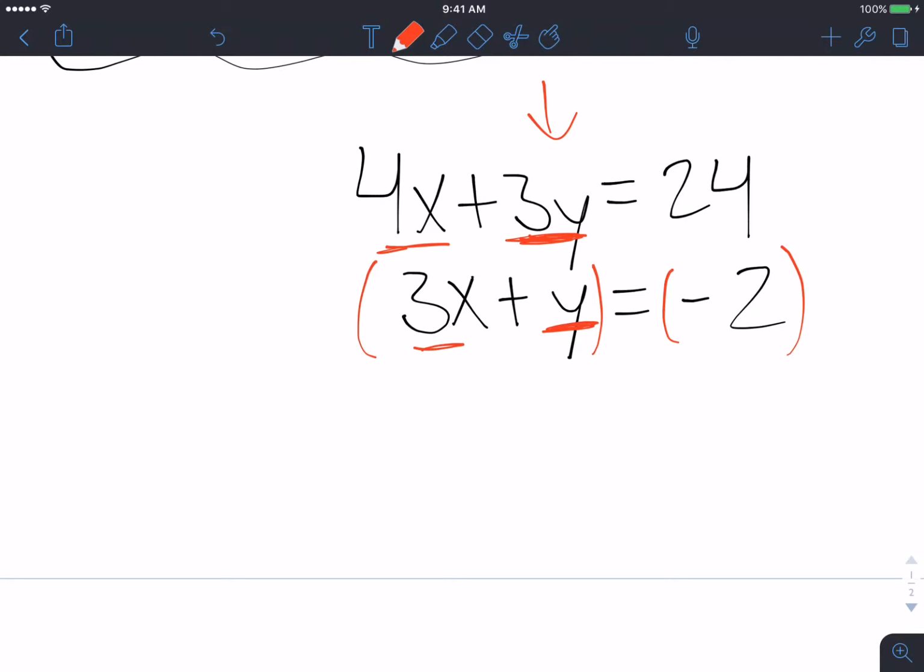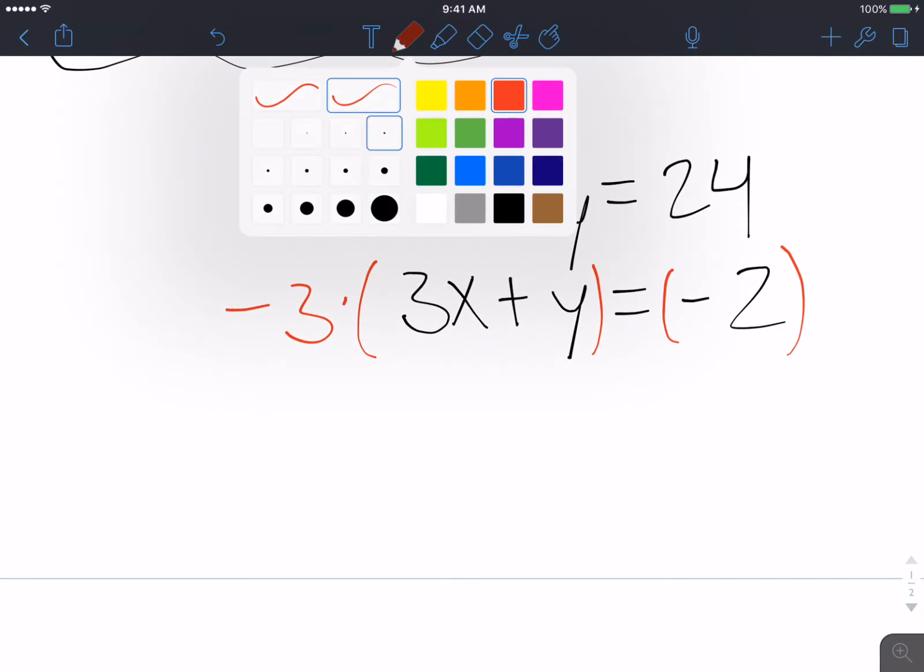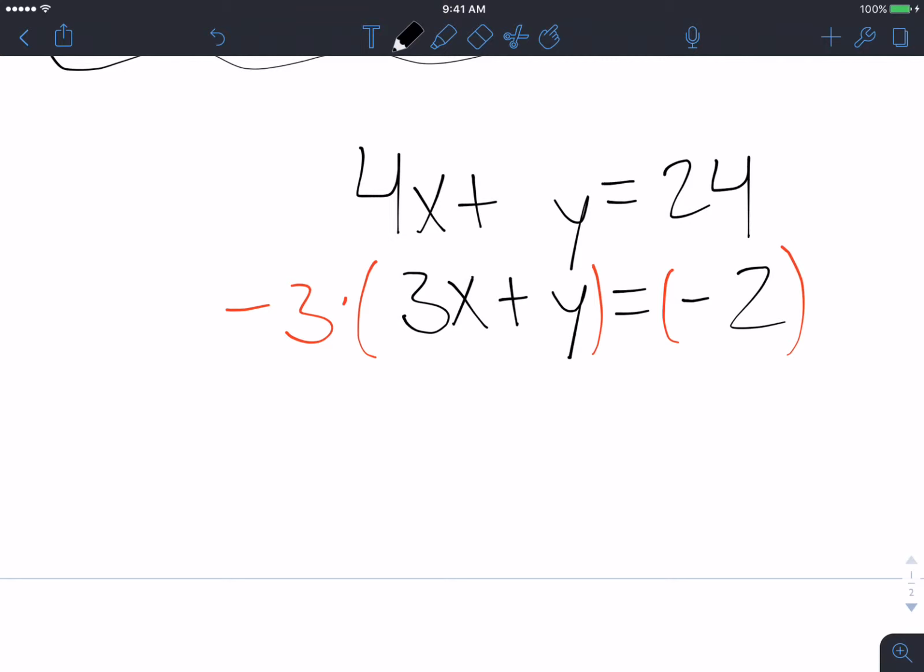And that was a question I got a lot of, how do you know what number to pick? That depends on what you're trying to cancel. And in this case, we're trying to cancel this one here. So I'm going to multiply by negative 3. Okay. So we're going to distribute here, times negative 3.